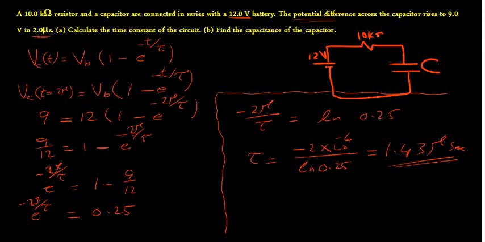So in this example, we have a scenario telling us it's a charging process. The time constant was missing in this formula, so we used the information given about the potential difference across the capacitor at a specific time. We managed to identify which formula we should use from the charging process, which is related to the voltage across the capacitor.